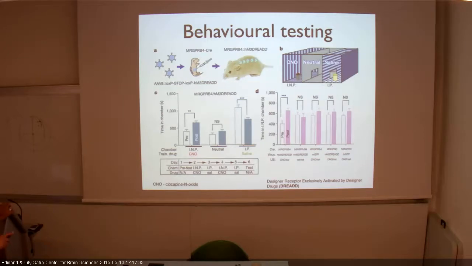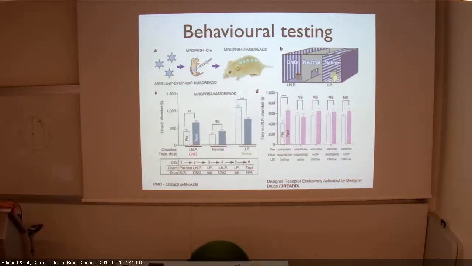Okay, so what they do is they let the mouse get in the cage, and each one of the mice has some preference to the stripe being horizontal or vertical. So for each mouse, they inject the CNO in the non-preferable location. So this is how much time they spend in the initial non-preference chamber before and after they injected CNO, and this is with saline.